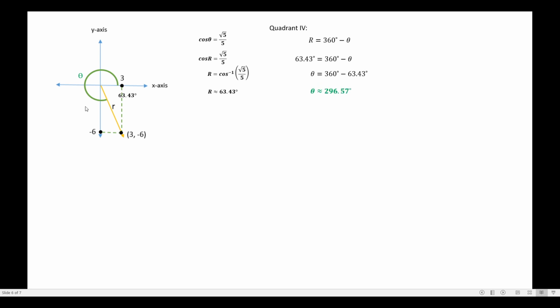You will now get the angle theta approximately 296.57 degrees. I consider it an approximate value since the value of r is already approximated. So when I substituted 63.43, I already know that the answer is an approximate since this value is also an approximate.